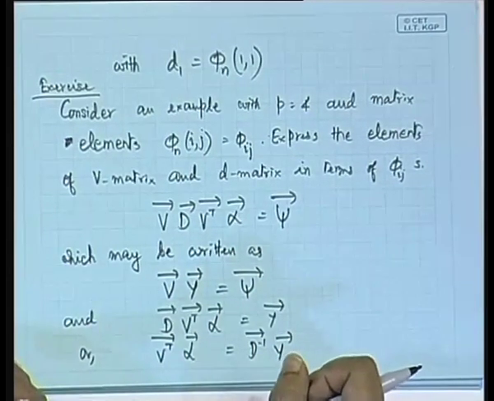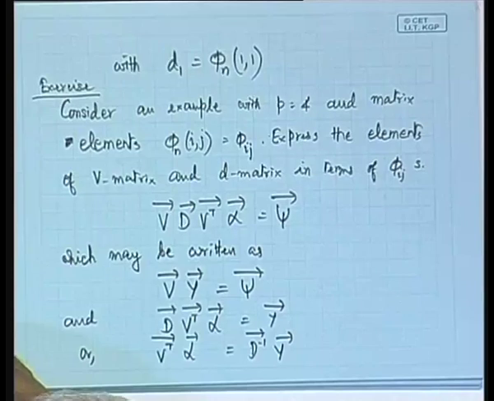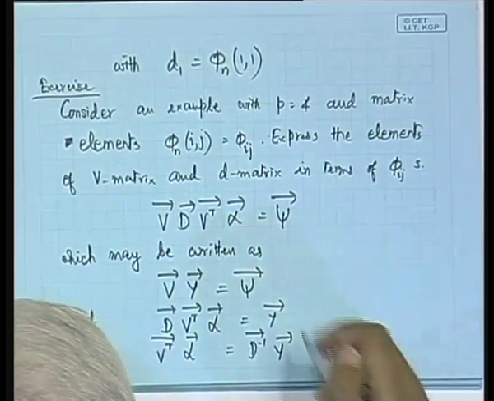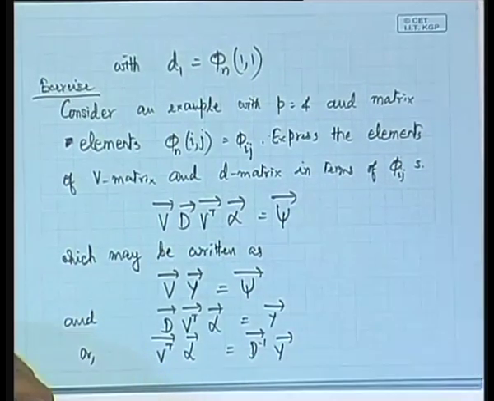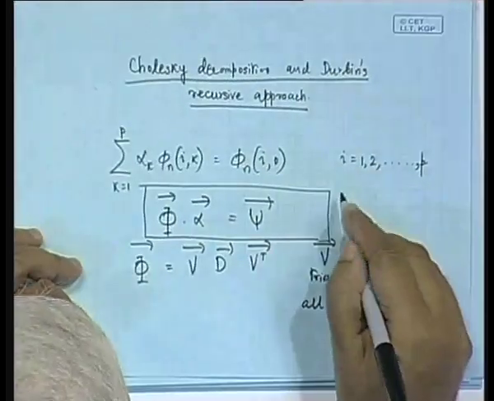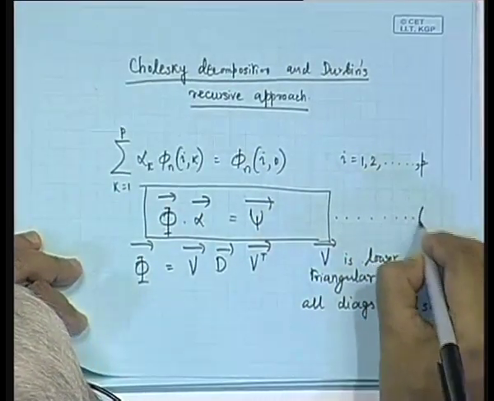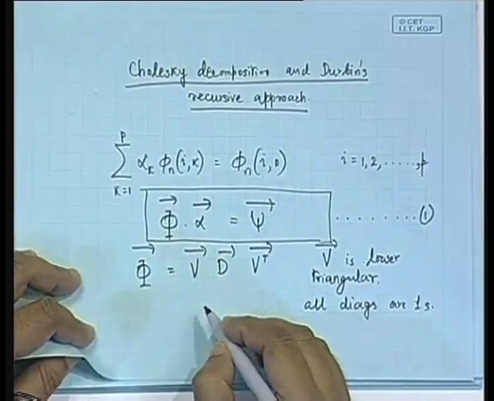Okay. Now let us have a look at this equation. Better that we number the equations. Let us say that this first basic equation we number as equation 1.